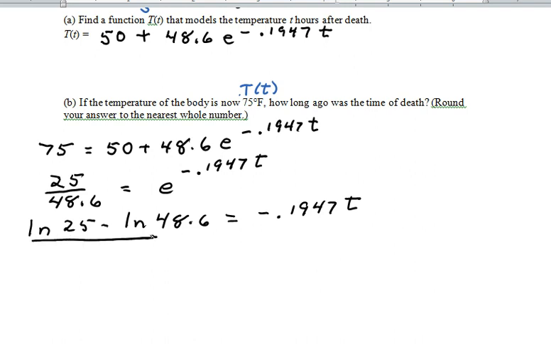Now we're going to divide both sides by negative 0.1947, and that gives us the exact value for t.